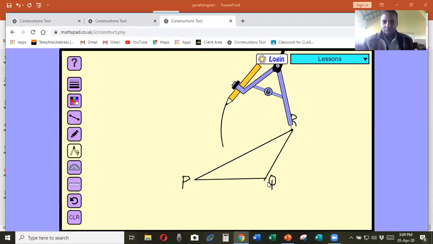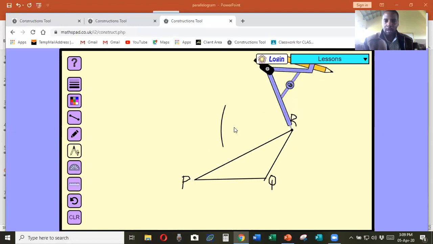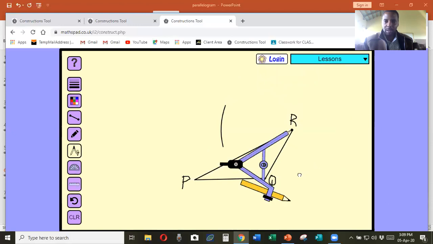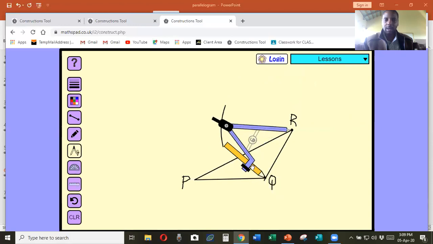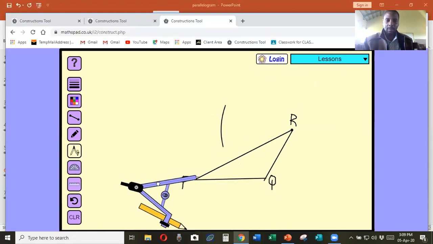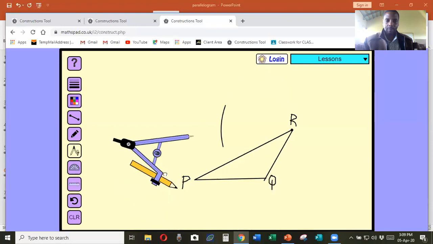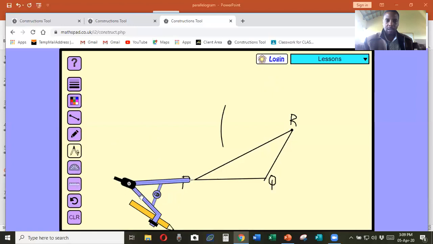After that, I want to transfer the measurement of QR to be here at PS because QR and PS, which would be here, are the same. So I measure my QR. I bring the compass in such a way that it can stretch the radius of QR up to there. I lock it. Then I bring the compass there.